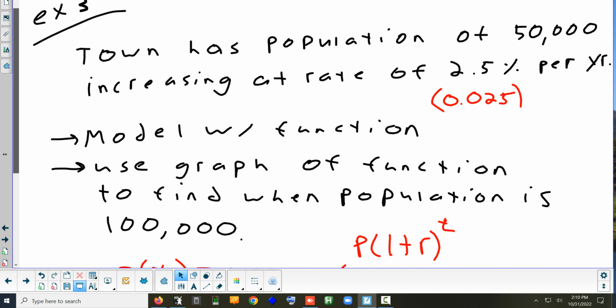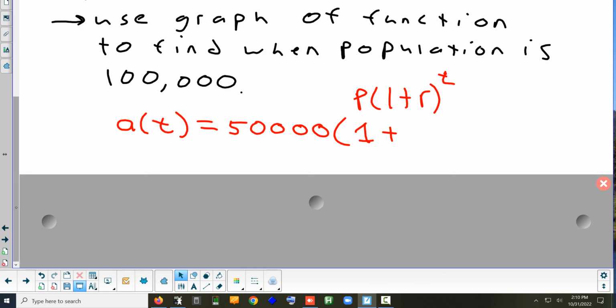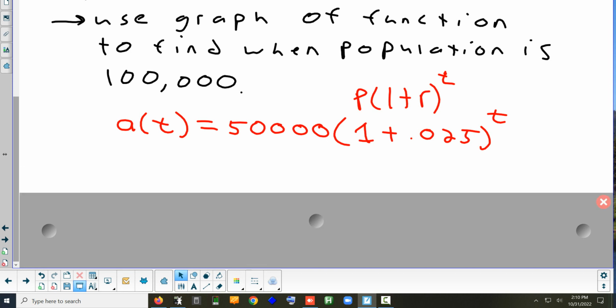That's your rate. And the only thing we have to do to simplify it, we're just going to add what's in the parentheses, and that will be our formula. So 50,000 times 1.025 to the T.